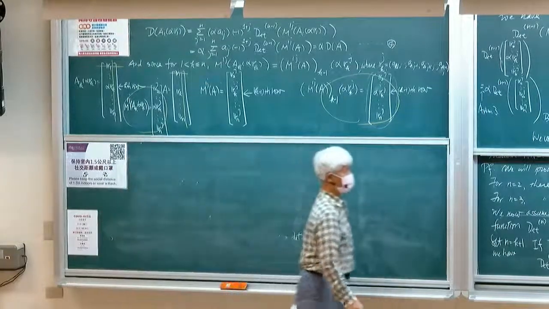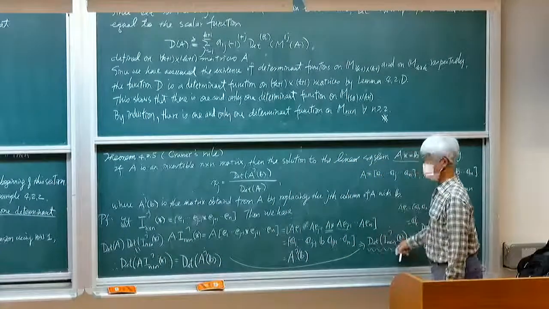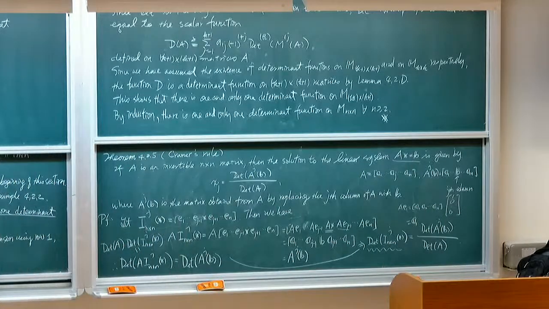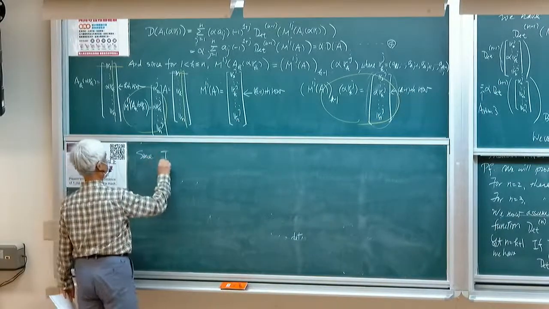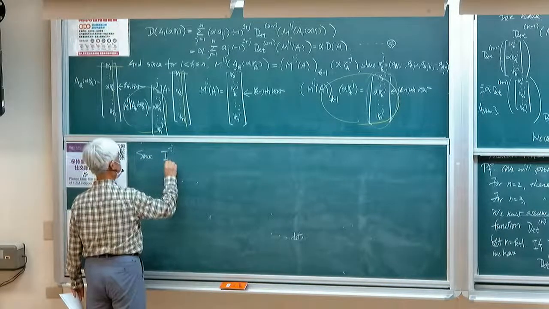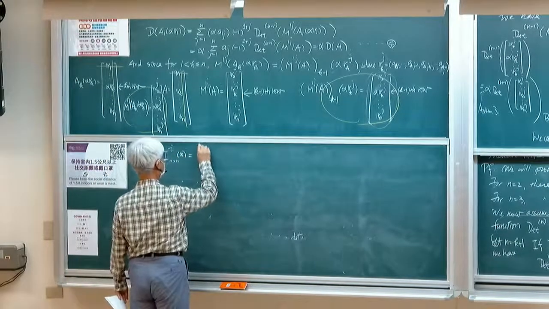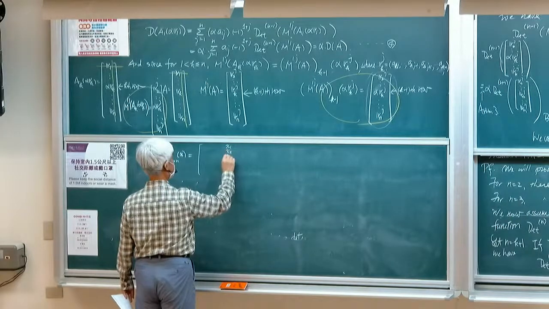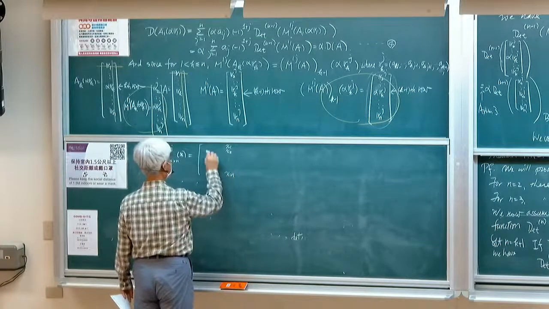But what is the determinant of this matrix? This matrix should be a simple matrix, so you can see its determinant immediately. You have x1 and x2 up to xn, with xj in the jth column and jth row.